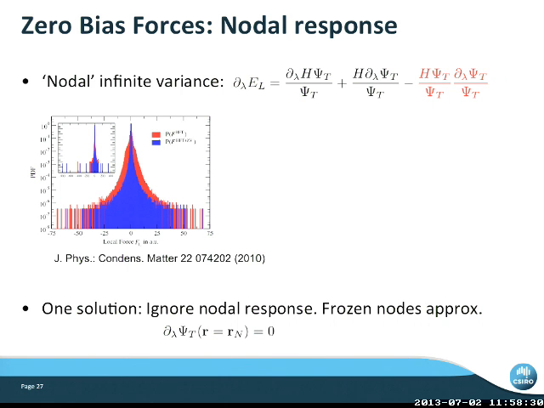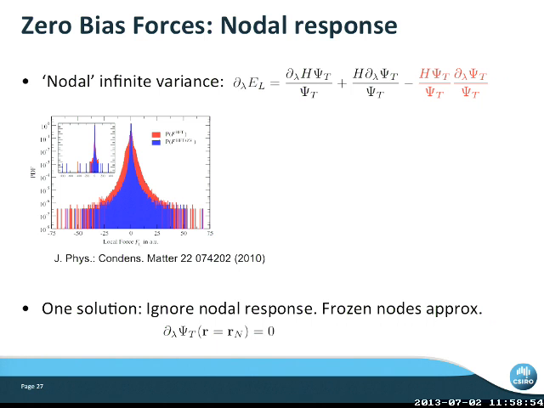The response of the nodes to the perturbation of moving a nucleus must be tiny. So what happens if we just completely ignore it, set that to 0 on the nodal surface, and see what happens? As an example of how the infinite variance manifests itself, this is one of Richard Needs' group calculations where they see these very, very long-range tails appearing.